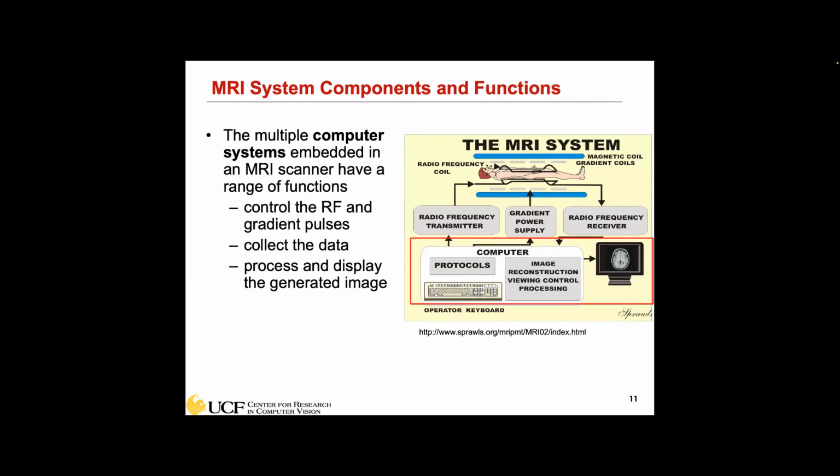The data generated by an MRI scan is usually in the so-called K-space, which encodes spatial and frequency data. Then we use computer algorithms to reconstruct the data we receive into spatial space, which will display on the computer as the image shown here.